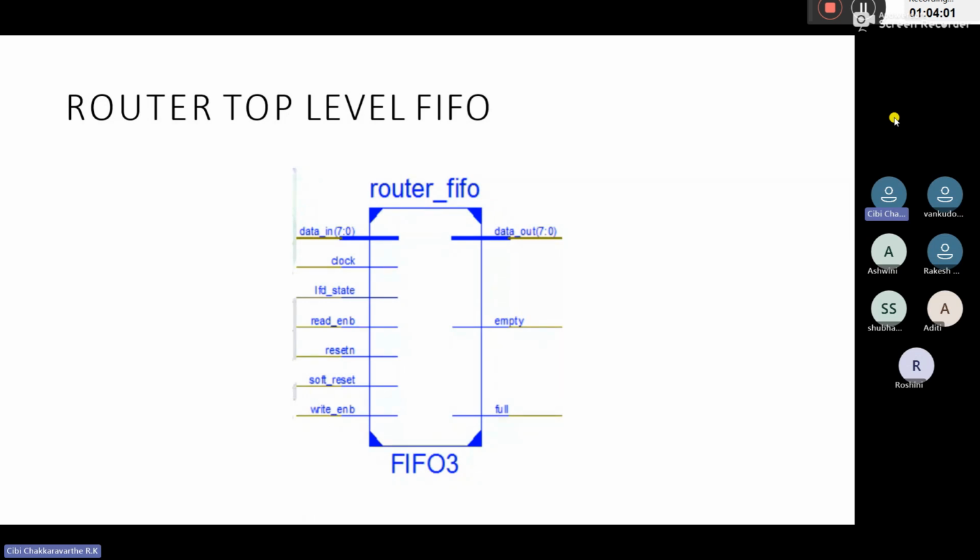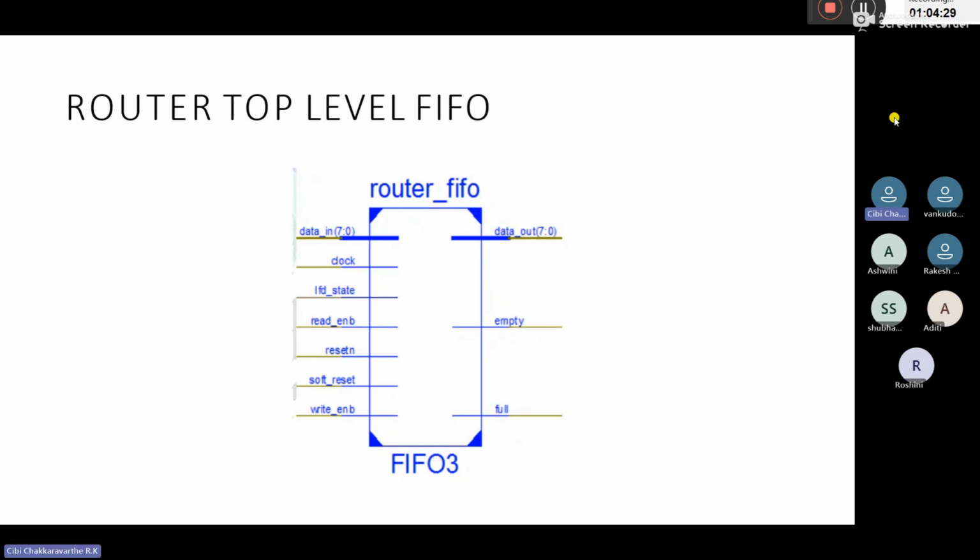Our FIFO has two signals, empty and full. If our FIFO is full, it will assert the full signal. If our FIFO is empty, it will assert the empty signal. And this is our data out. Through data out, it will transfer the packets to the destination.